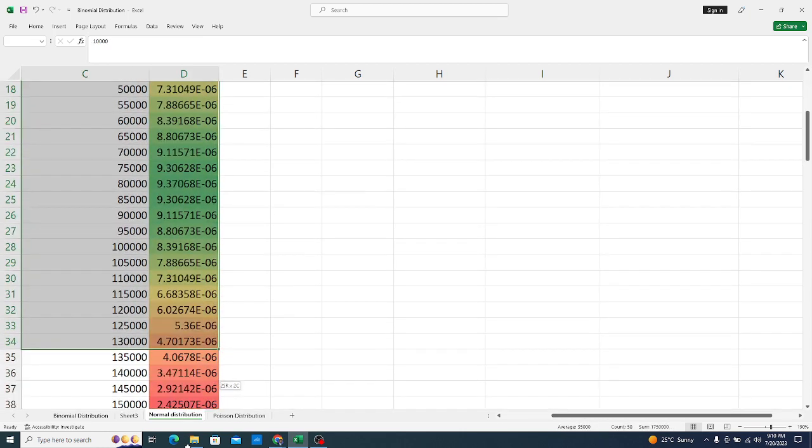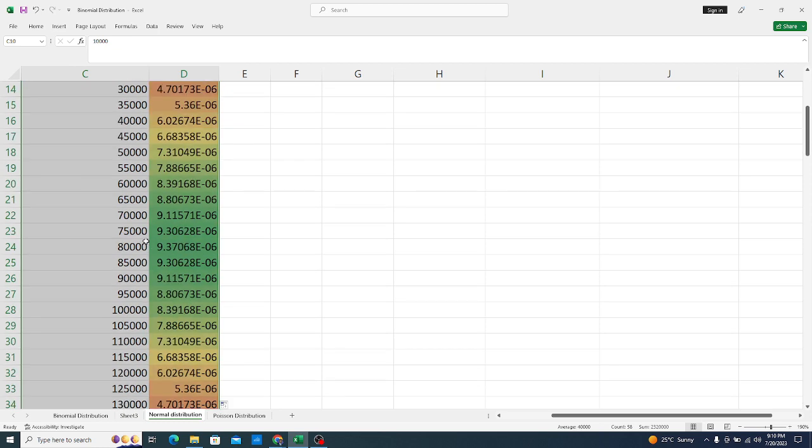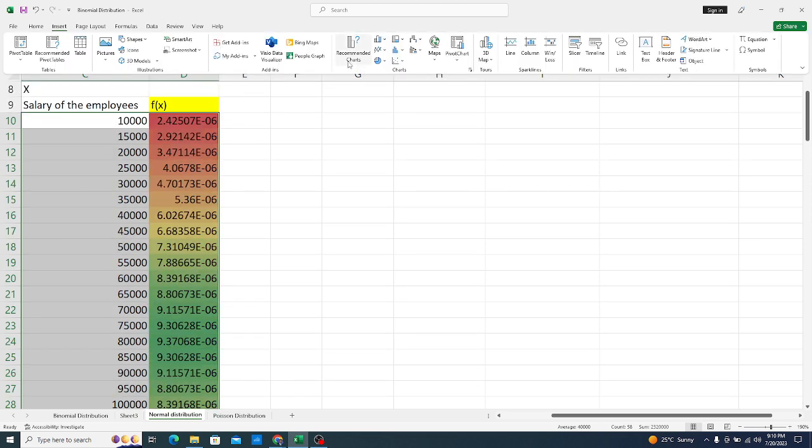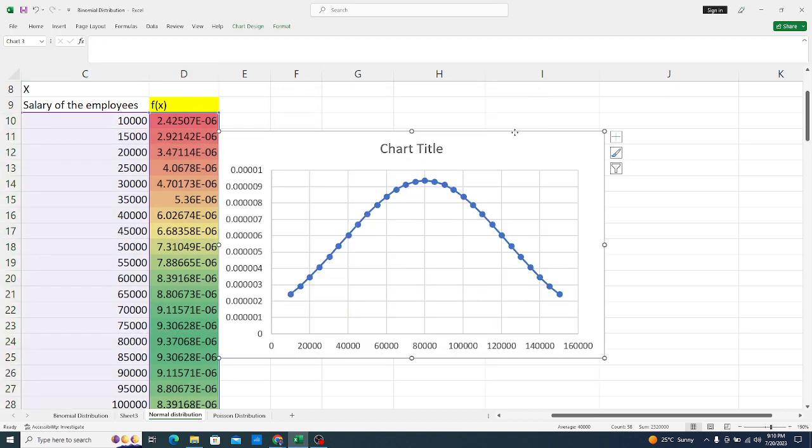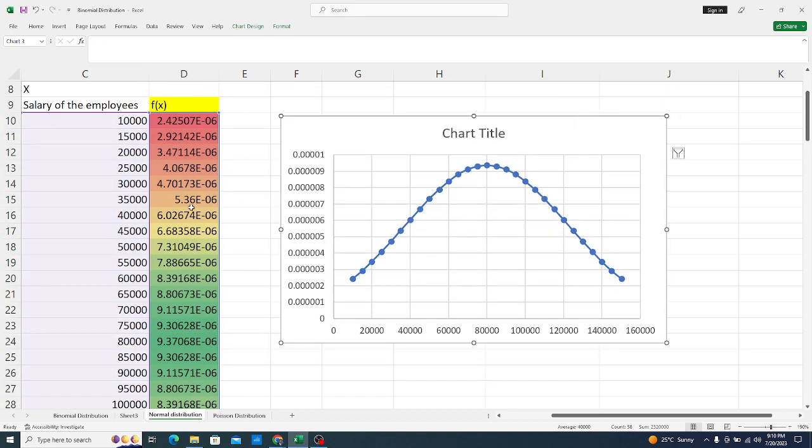What about when we try to plot this? Let me try to plot this and see how it will look. Since it's a normal distribution, I'm going to use a line graph. You can see our salary is kind of normally distributed. You can see how the trend line looks.